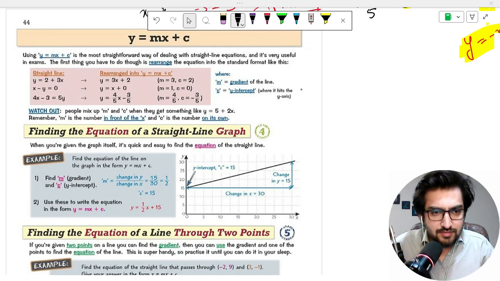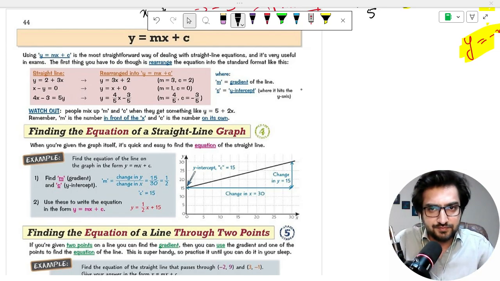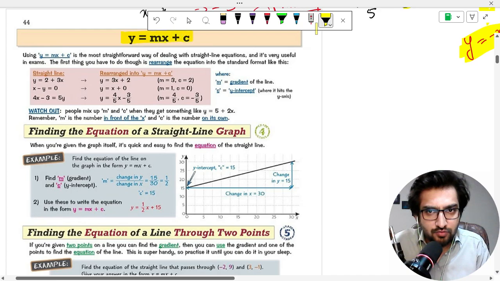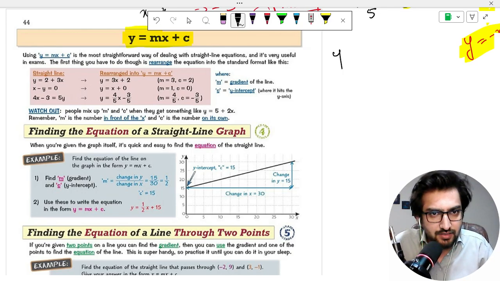Alright, so this is the next lesson where we will study y equal mx plus c. This is actually a general form of equation. Y equal mx plus c. M stands for slope and c stands for y-intercept.